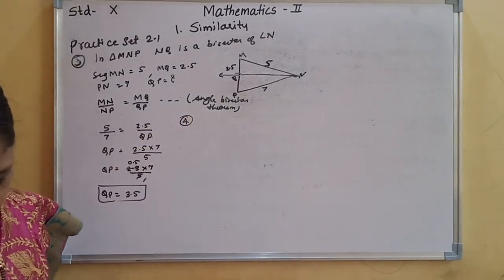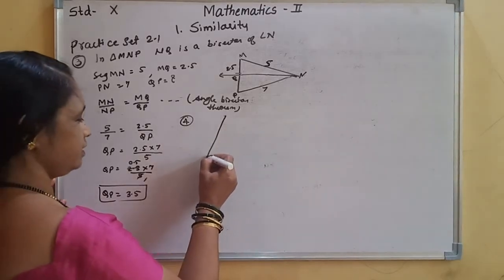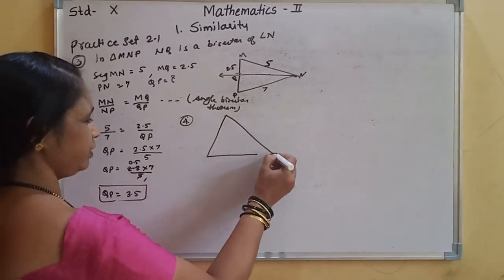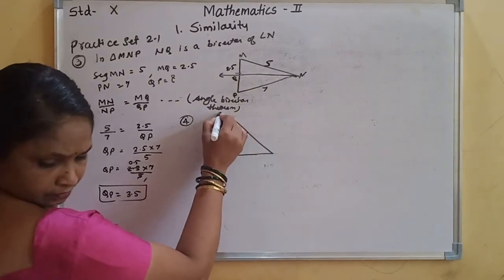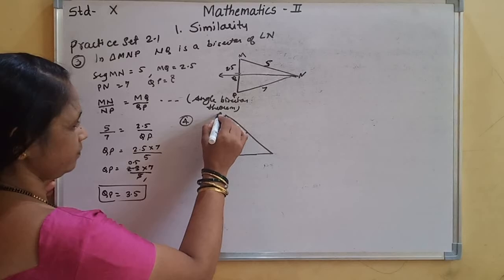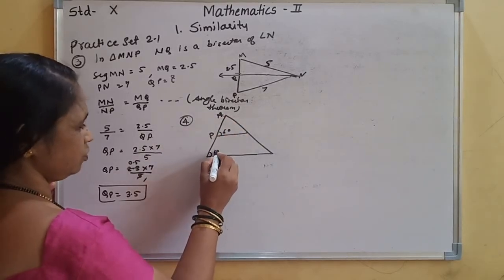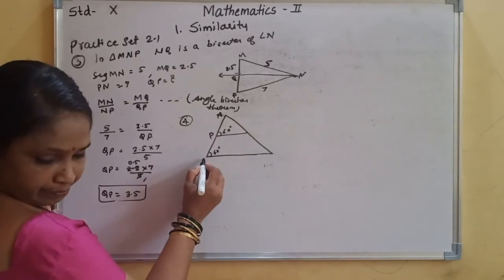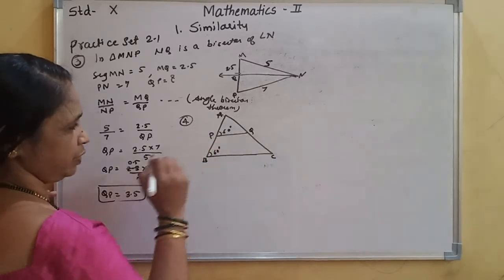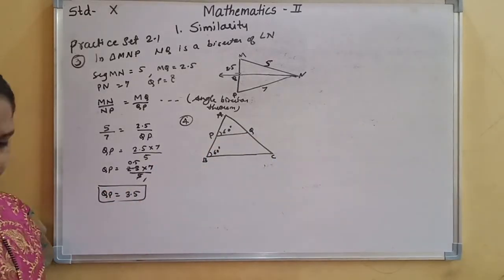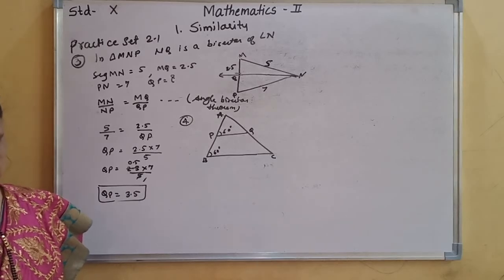Now the fourth question, what does it tell? Measures of the angles are given. Just see, the figure is given like this: A, P, this is 60 degrees and this is also 60 degrees. A, P, B, C and here PQ. Here measures of some angles in the figure are given.